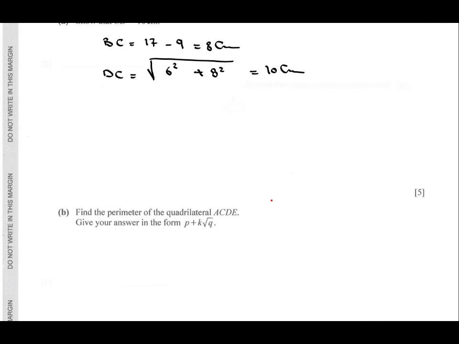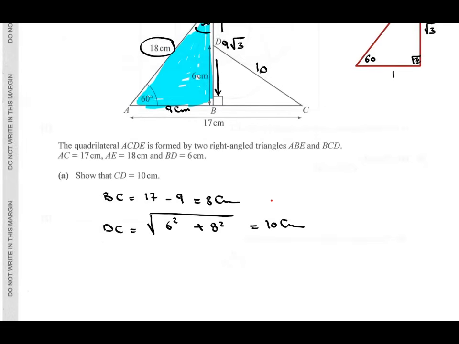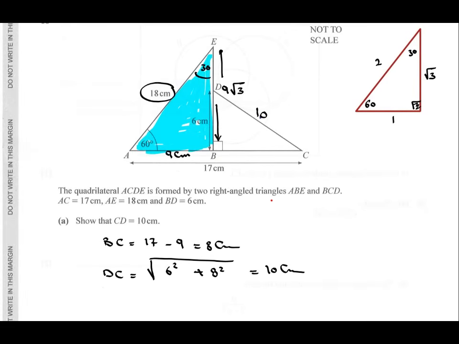Find the perimeter of the quadrilateral ACDE. The perimeter of the quadrilateral is to move around the quad, not inside the quad, but around the quad, the outer lines. It will be 17 plus 18 plus this part plus 10.